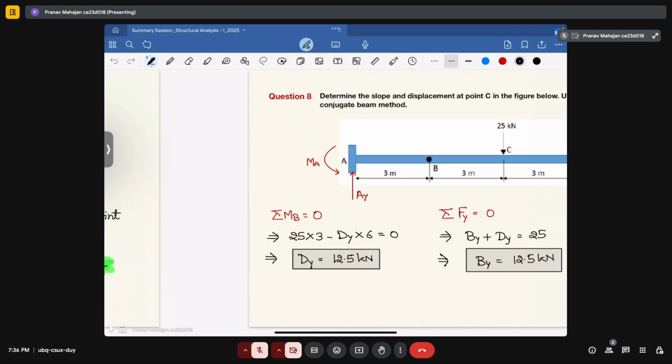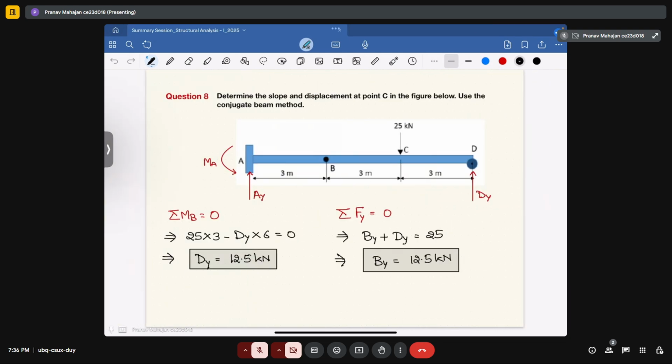In this regard, we have one problem to solve. If you see this problem, you have one internal hinge, and this is a propped cantilever subjected to a load of 25 kilonewton at the middle of the span BD.